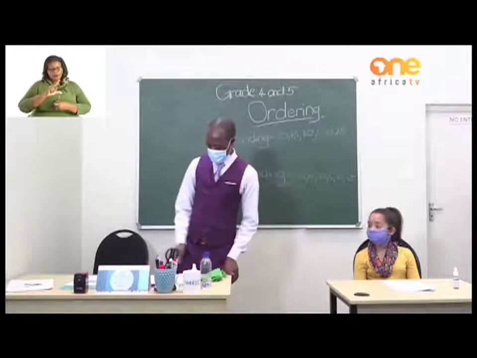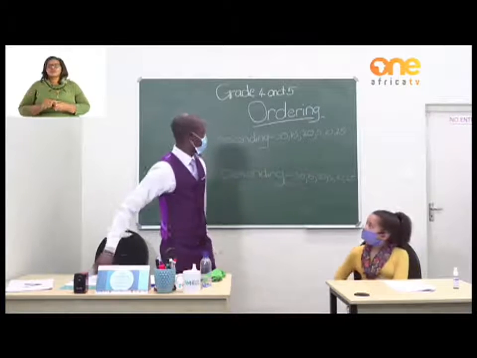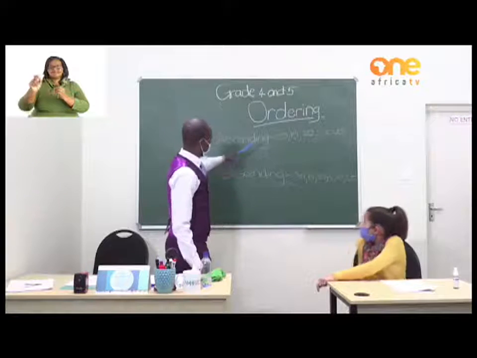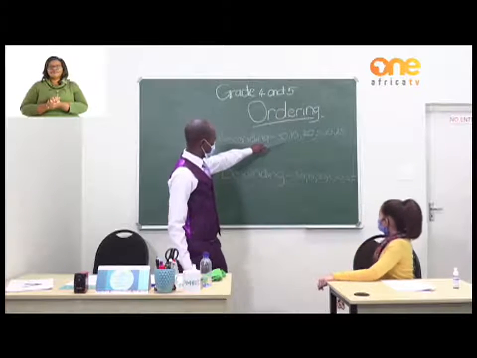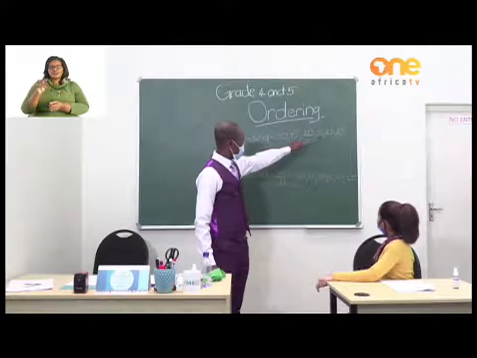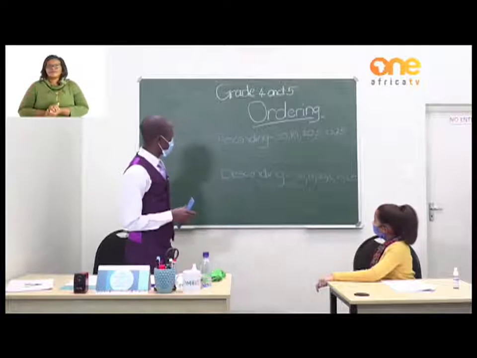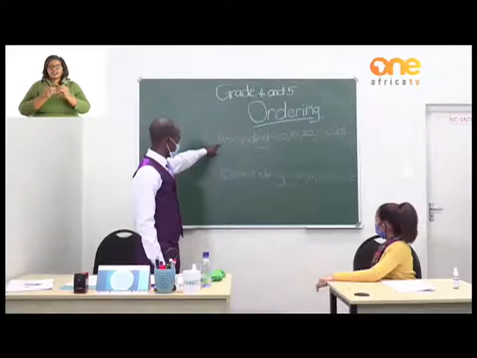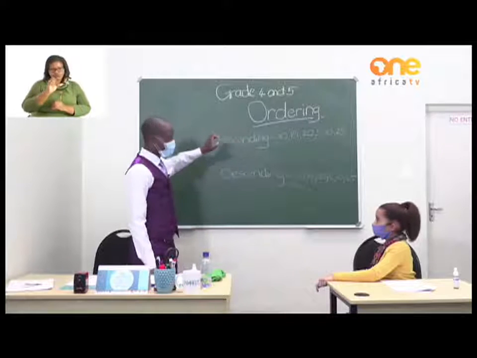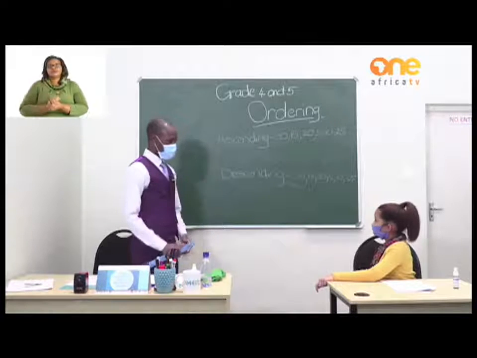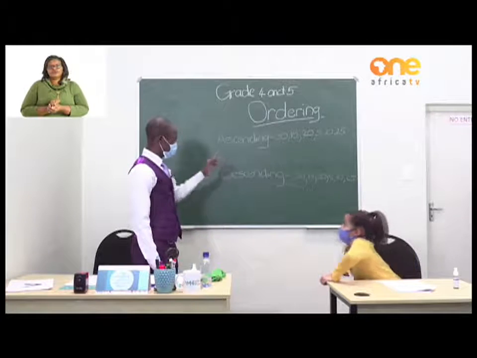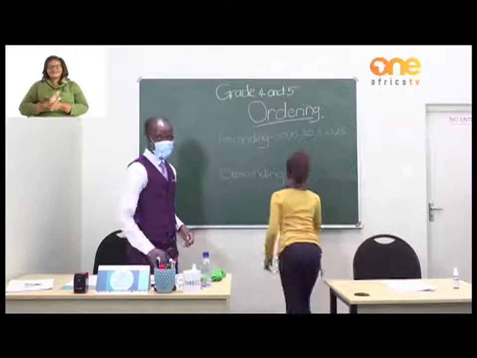Let us look at the numbers which are on the chalkboard. We are having 30, 15, 20, 5, 10, and 25. We are supposed to arrange those numbers in ascending order, meaning to say we are going to start from the smallest to the biggest. Chanel, can you come and arrange these numbers in ascending order?